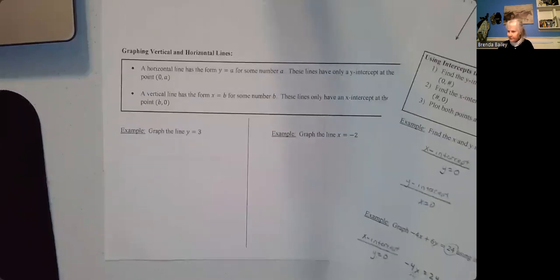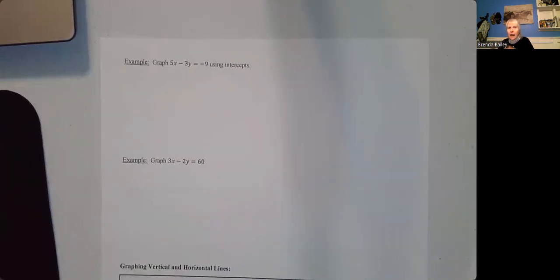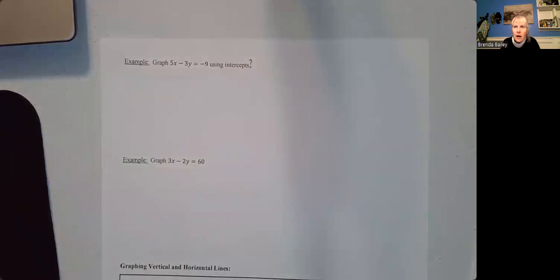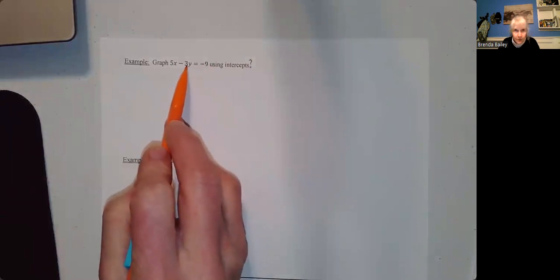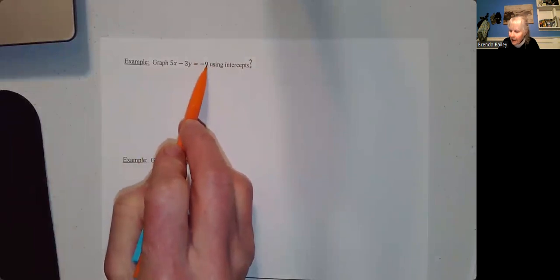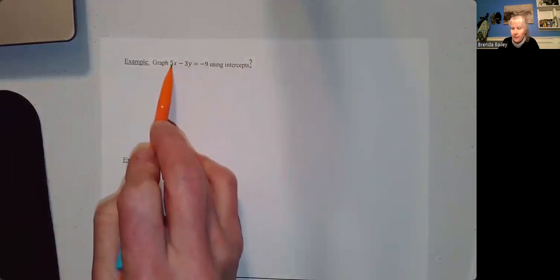Great. So let's look at this example right here. We're almost done. Here it says, graph this using intercepts. Now that actually should have been a question mark here. Do you really want to use the method of intercepts? Here, negative 9 is divisible by 3, negative 3, no problem. But 9 is not divisible by this number.